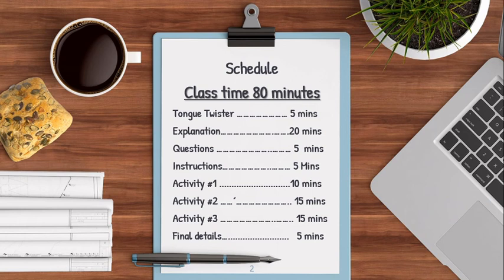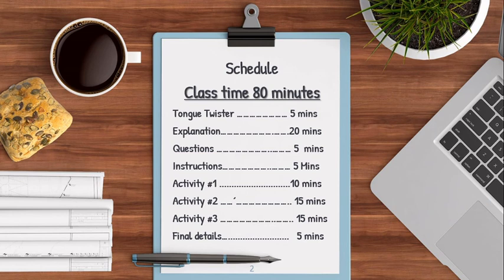Once I clarify any doubt that you may have in your mind, we will go through the instructions so we can do our activities. And these activities have an estimated time to be completed.